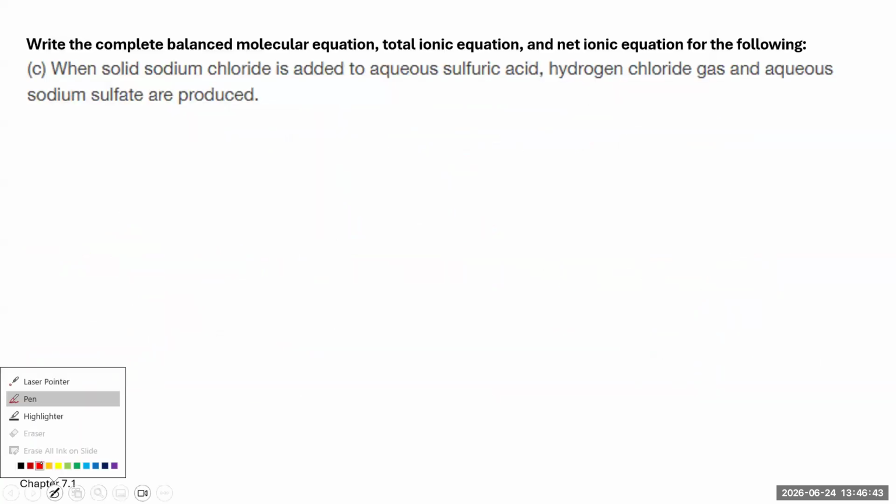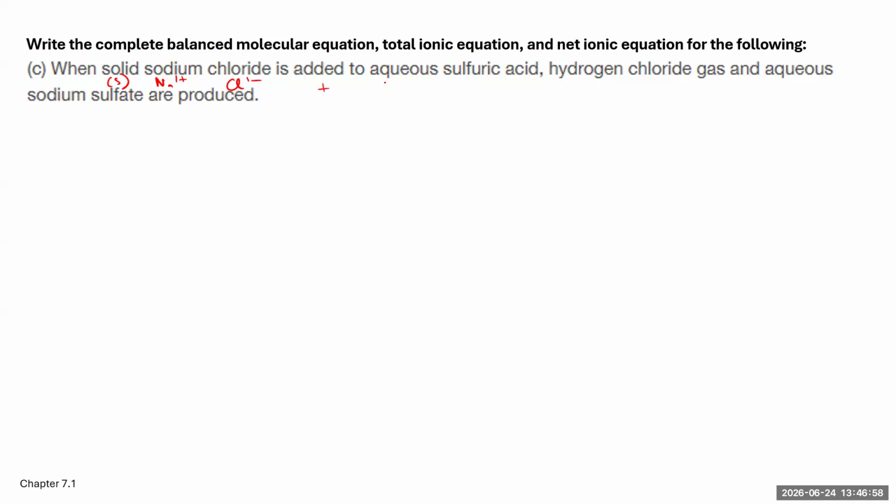Again, we're going to annotate these words with a bunch of our stuff, right? So again, solid sodium 1 plus, chlorine 1 minus is added to aqueous. Oh, wait, we just do this?